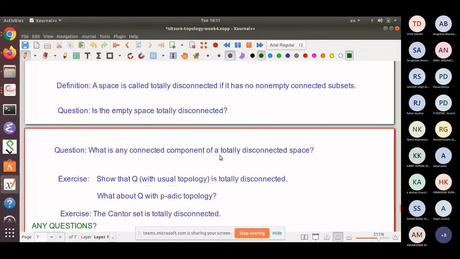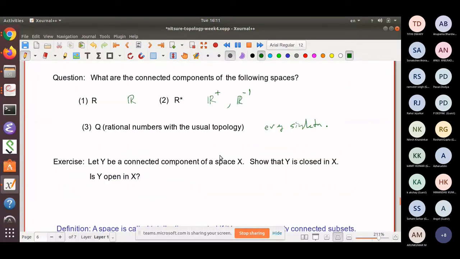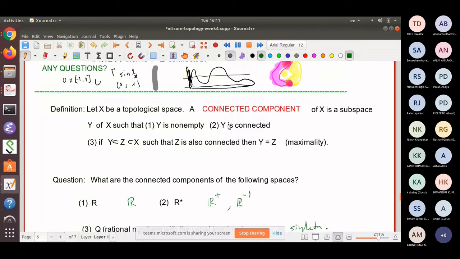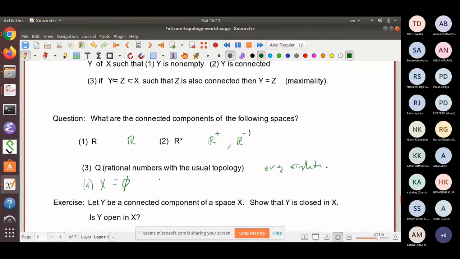Okay. Now, what are the connected components of the empty space? The empty set itself? No, because a connected component has to be non-empty. So it has no connected components. All right. So the set of connected components is empty.